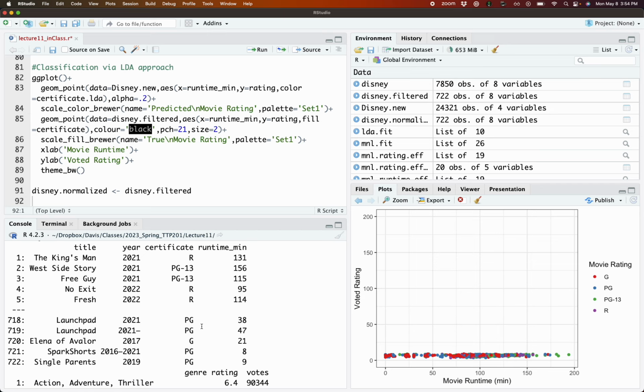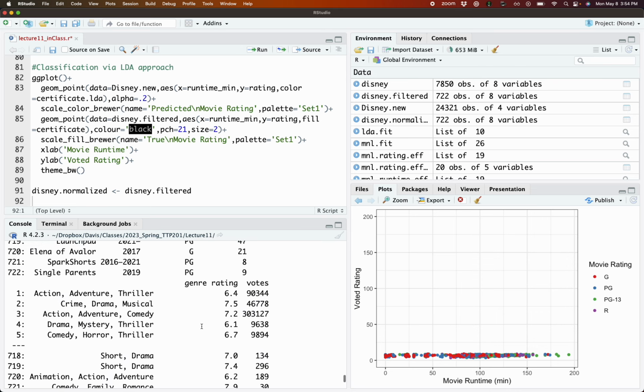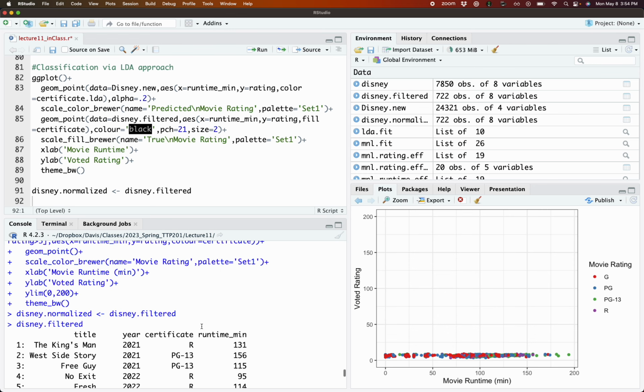So I need runtime and rating to be normalized. Okay, how do I do this again? One second.